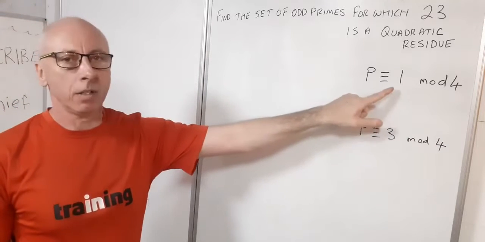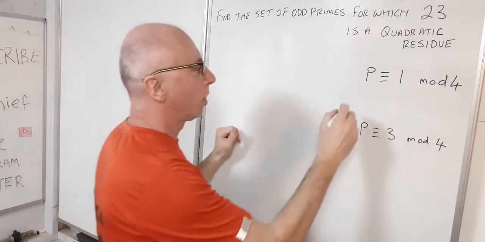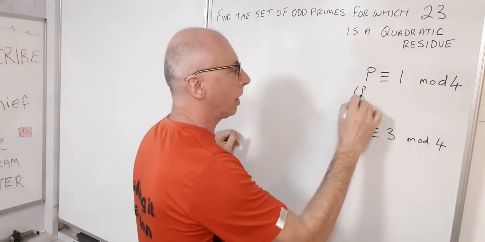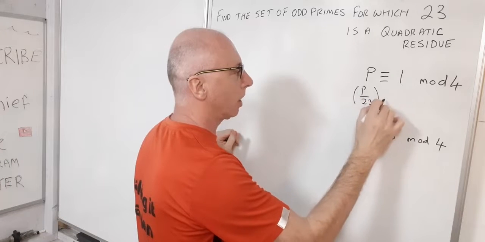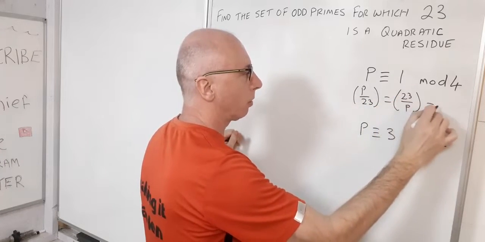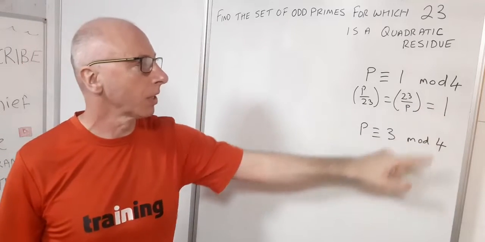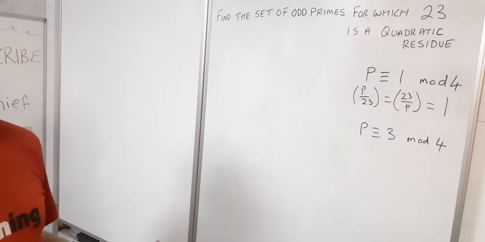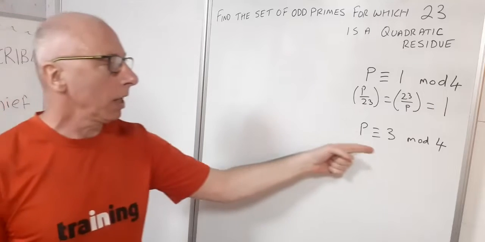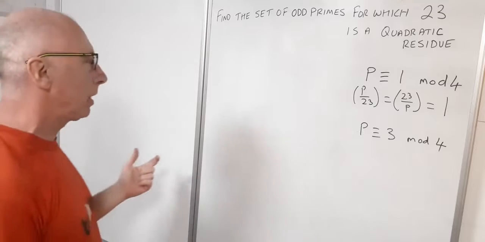Now, for P congruent with 1 mod 4, using the Legendre symbol, what we have is (23/P) equals (P/23), which equals 1, i.e. that is a quadratic residue. The other way we can look at the Legendre symbol, with P congruent with 3 mod 4, the rules for the Legendre symbol are a little bit different.